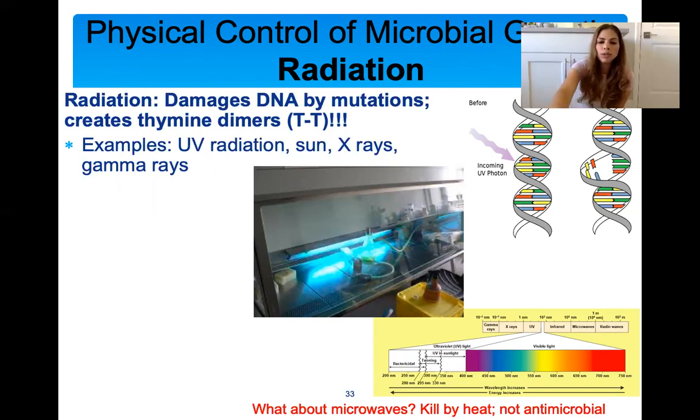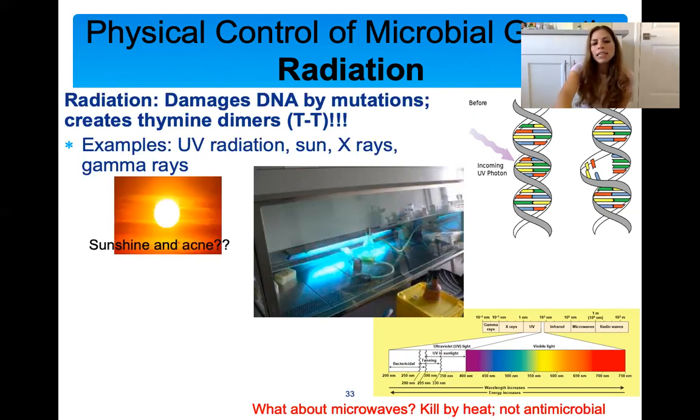There are a lot of studies that have shown that acne on the body or face can be reduced by sunshine, because acne a lot of times is caused by bacteria. So if you can damage the DNA of bacteria, you stop their growth. But also keep in mind that you're also damaging your own cells, so you have to weigh everything out.